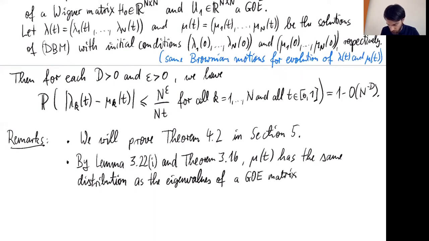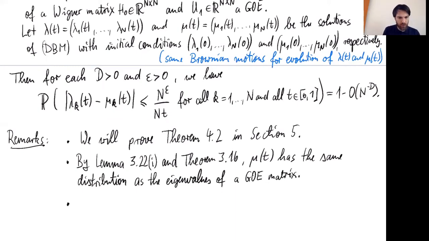That just comes from the fact that along the matrix flow we can control the distribution, and from this formula you can directly see that if you start from a GOE matrix, then the evolution will be invariant, in the sense that along the flow you always get a GOE matrix. Then you can use theorem 3.16 to go from the matrix flow back to the eigenvalue flow, and by uniqueness they have to be the same in distribution.